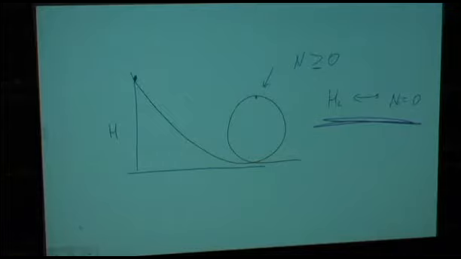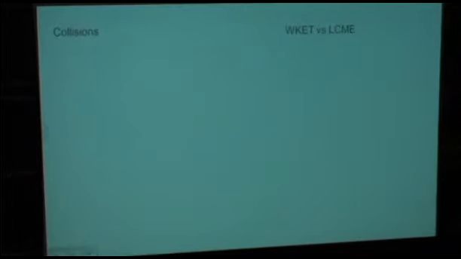The rest is a combination of two laws. The law of conservation of mechanical energy: if we neglect any friction, mechanical energy stays the same. So here I'm answering the question, what's the difference between the law of conservation of mechanical energy and the work-kinetic energy theorem? There is no difference.